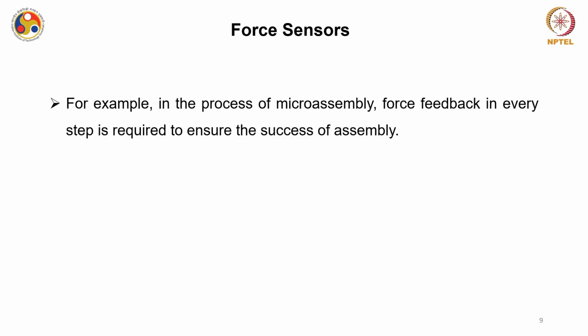Say in the process of micro assembly, force feedback in every step is required to ensure the success of assembly. If feedback is not there, the assembly will not happen. In micro robotics, achieving efficient and secure grasping at micro scale needs micro manipulation systems with force sensing, suitable for handling micro scale and nano scale objects.